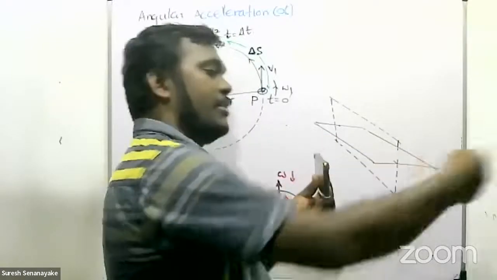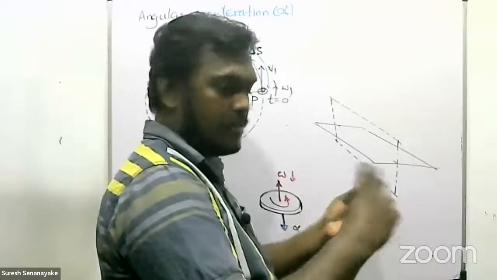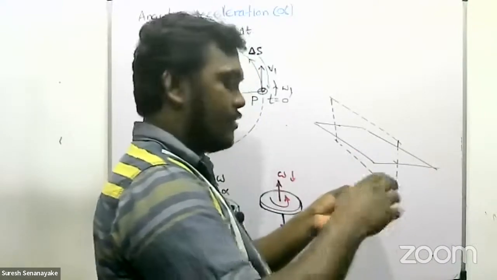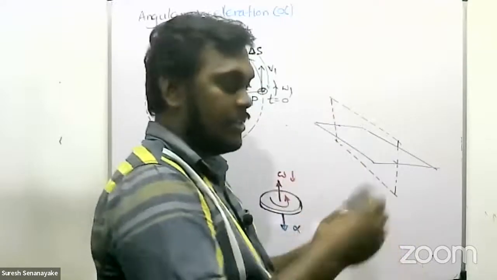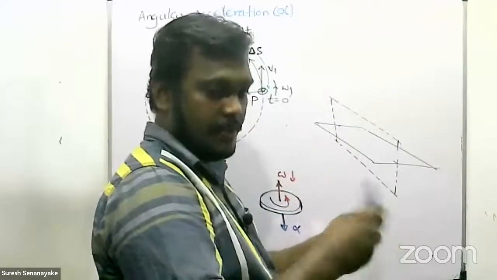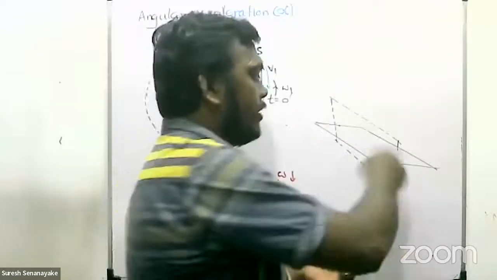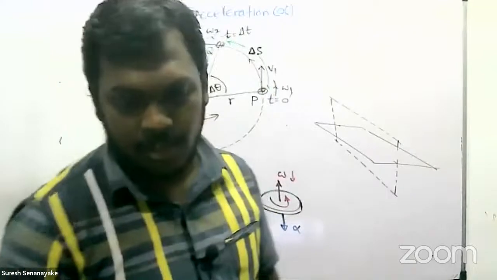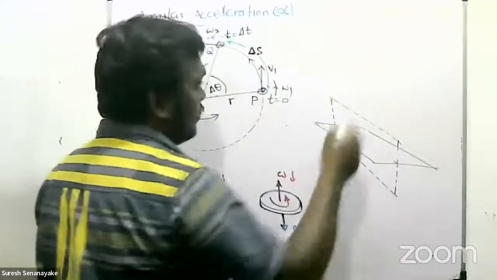The angular velocity is in this direction. Now if I change this direction, it's rotating in this direction, and the angular velocity is now upward. So the direction of angular velocity has changed. Initially it's this way, and now it is this way. That's how these planes are changed. This happens in the motion of a top.